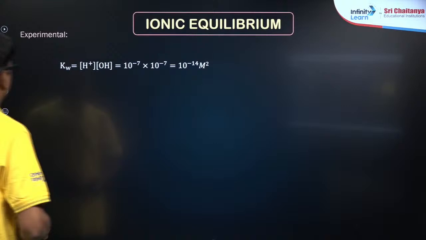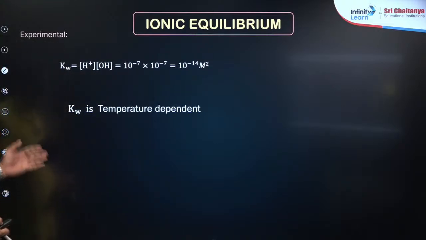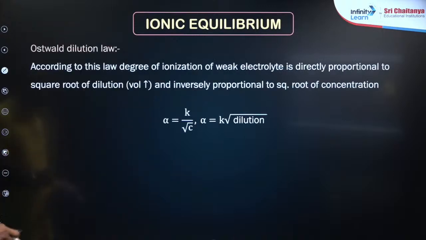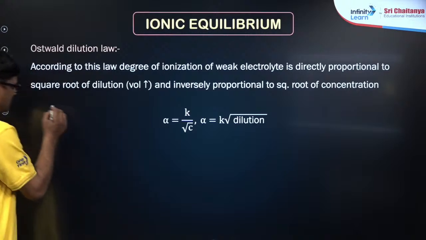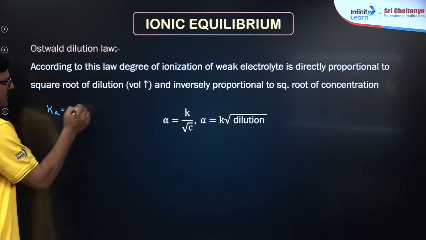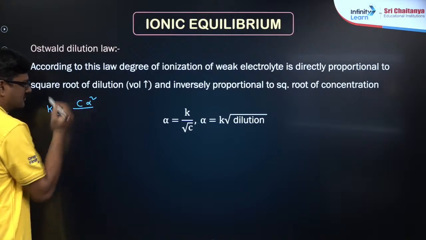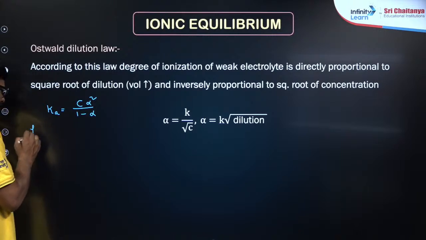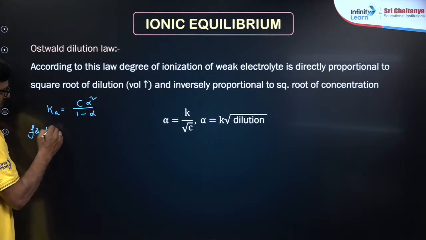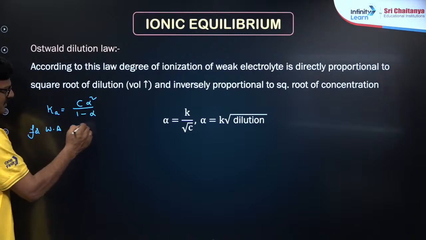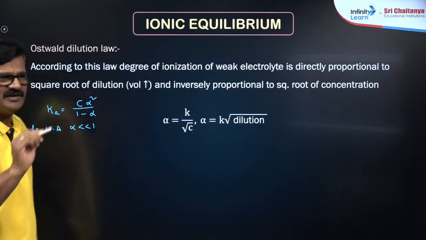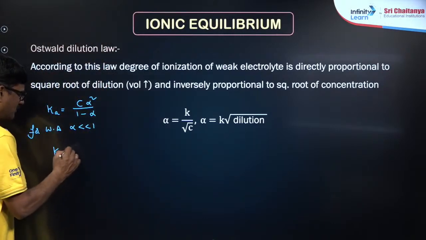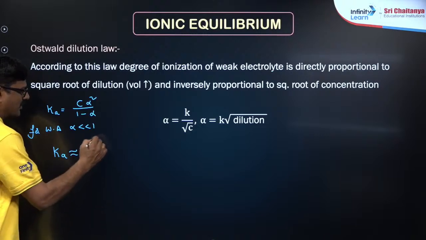Next. Experimental value, this is given as we already discussed, it is temperature dependent. And Ostwald dilution law. So, we know that Ka is equal to C alpha square upon 1 minus alpha, right? Now, for a weak electrolyte, weak acid, alpha is very, very small. So, Ka is nearly equal to C alpha square.